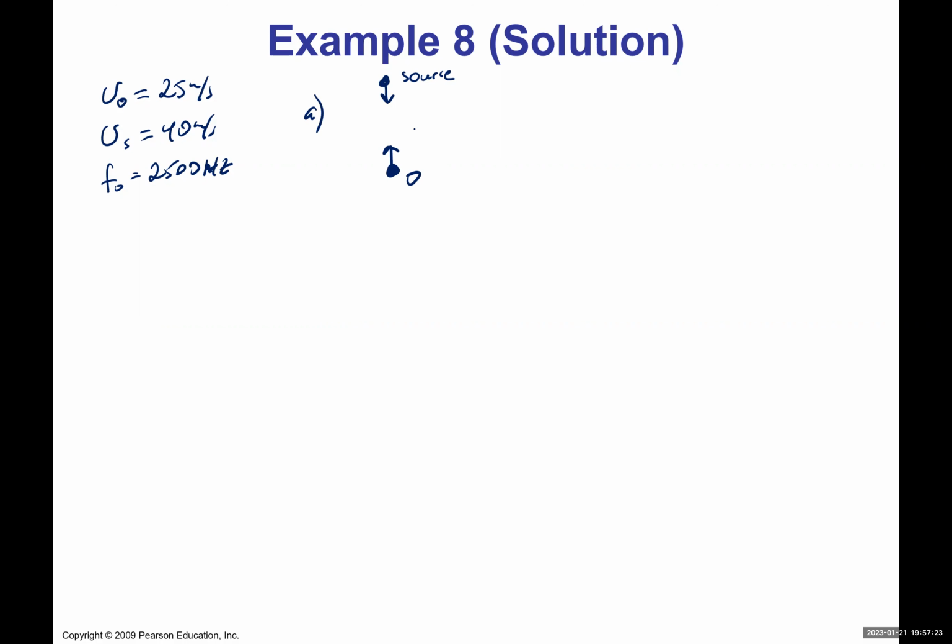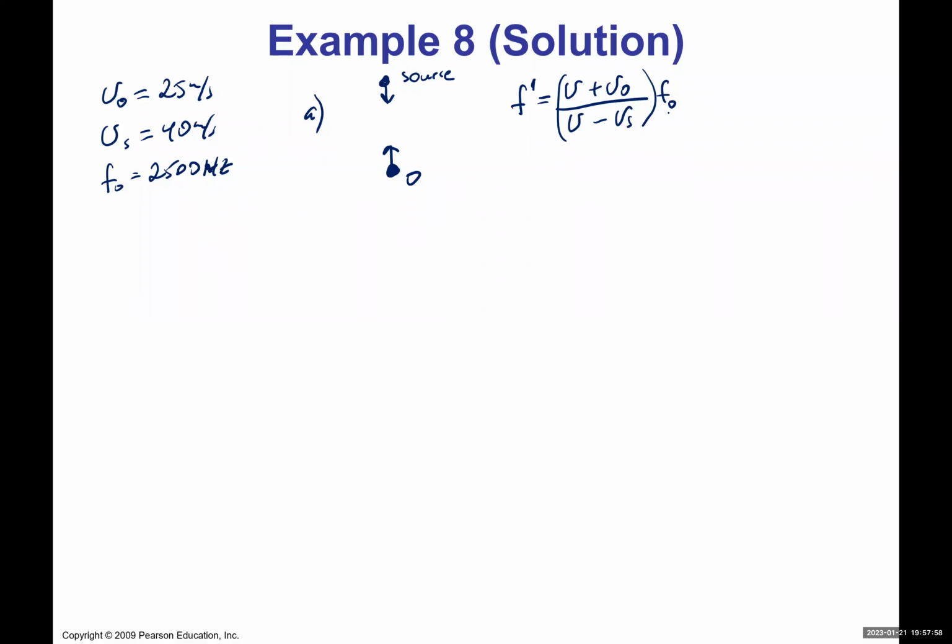In this case, we use the equation where the apparent frequency equals, because both of them are moving, I'm using the more general equation: v, the speed of sound in air, plus v of the observer, divided by the speed of sound in air minus v of the source, times the original frequency.